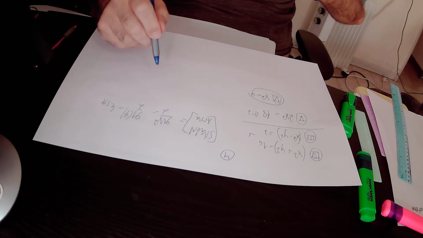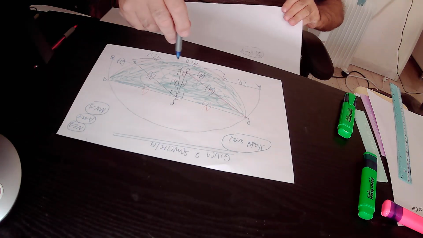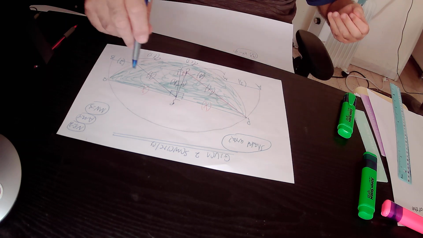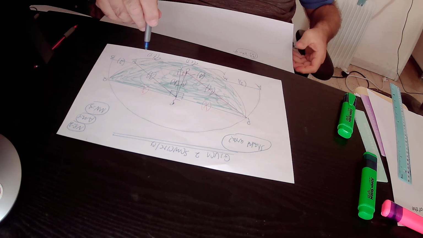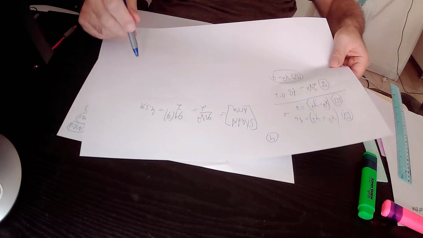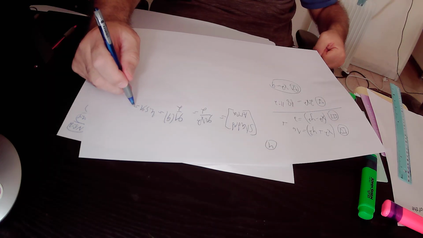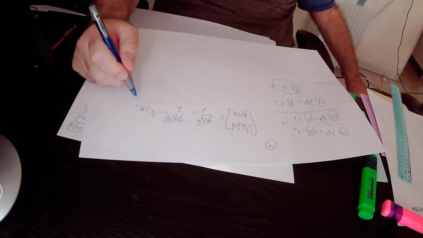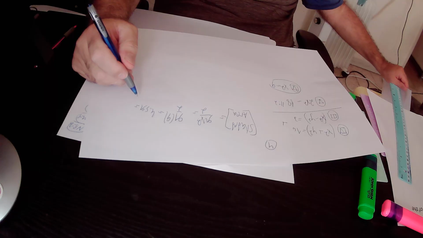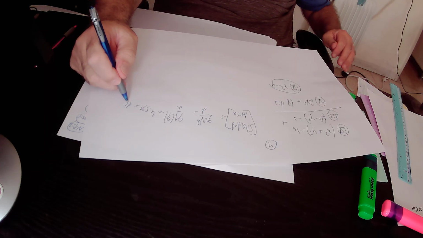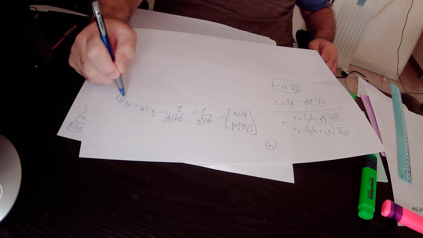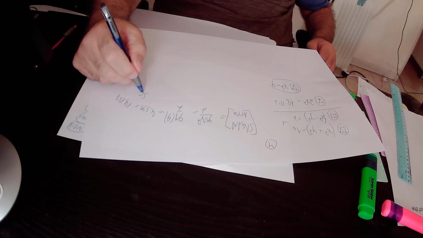So in total, we found out that the size of this shaded area, that's actually the area of this small semicircle, is equal to 4.5 pi square inches, so in terms of numbers, it is equal to 14.137 square inches.